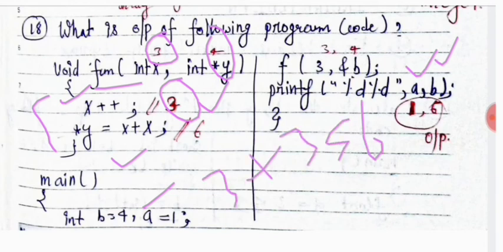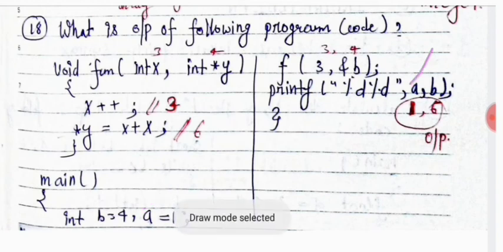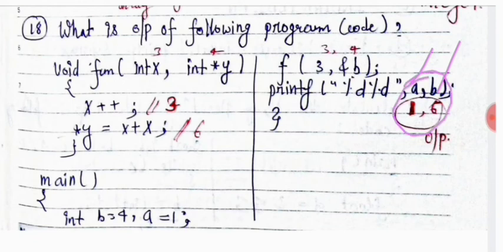Now after calling the function, the value of a remains the same, 1, and the value of b is going to be 6. Why? Because the value of a is based on the actual parameter and the value of b is based on the formal parameter.